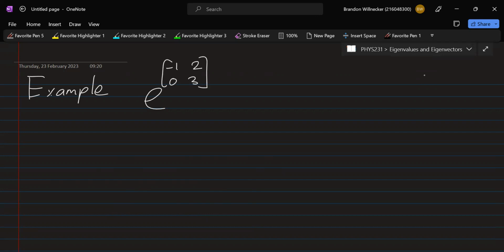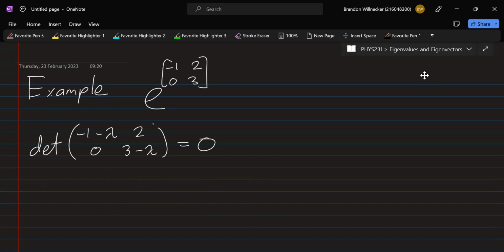Well, the first thing we need to do is find the eigenvalues and eigenvectors so that we can diagonalize the matrix. So we need to find the determinant of minus 1 minus lambda, 2, 0, 3 minus lambda, and we want that to be 0.